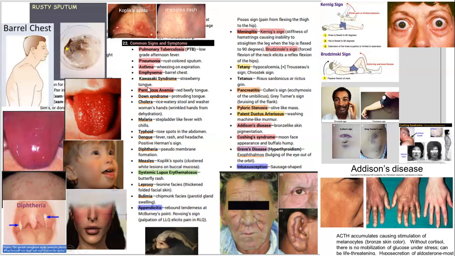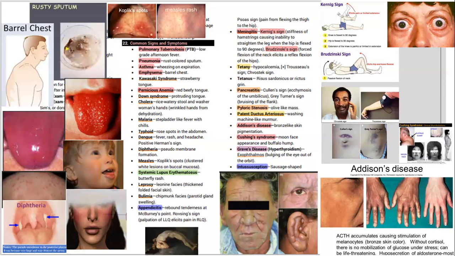Next one is pernicious anemia. In pernicious anemia, we can see a red beefy tongue, like this picture. The tongue looks beefy.